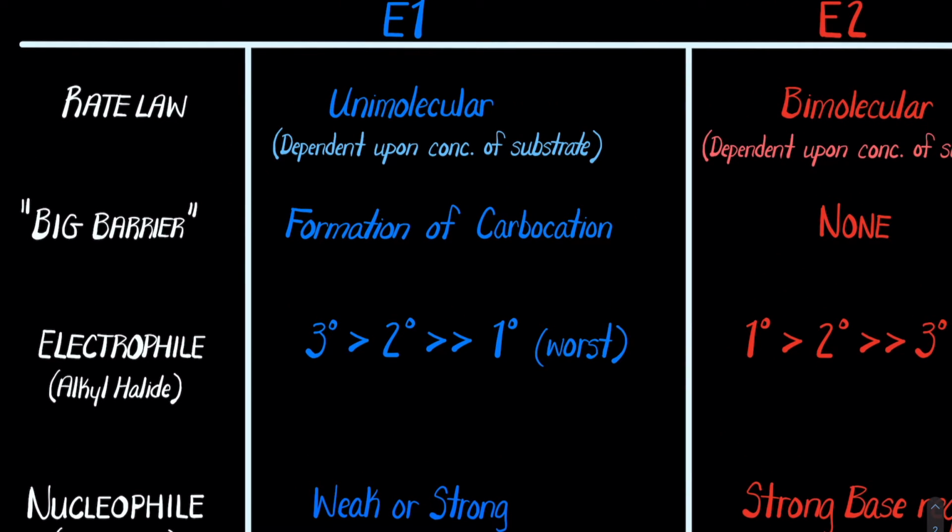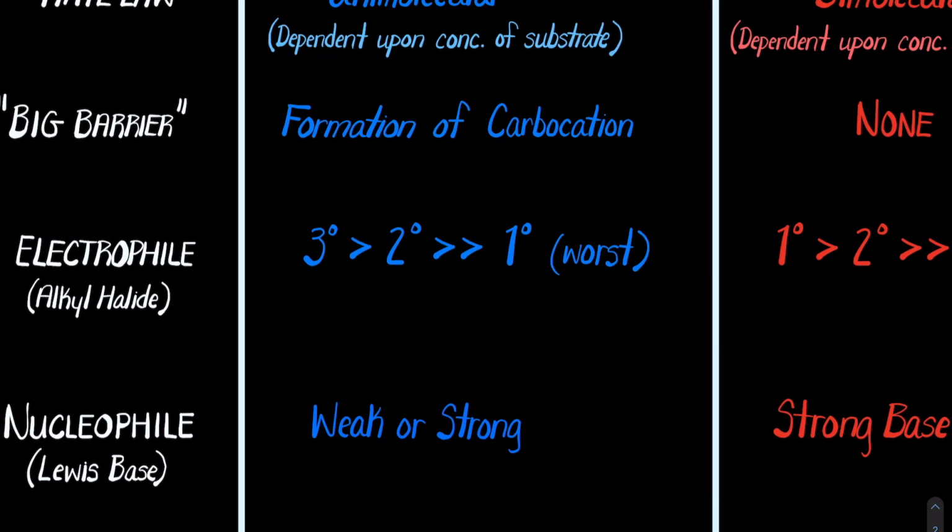Same thing here. The formation of the carbocation intermediate is the big barrier. That's the thing that's going to determine whether the reaction runs successfully or not. With the E2, it doesn't really matter. Again, here we see the E1 works best with tertiary substrates and worst with primary substrates.